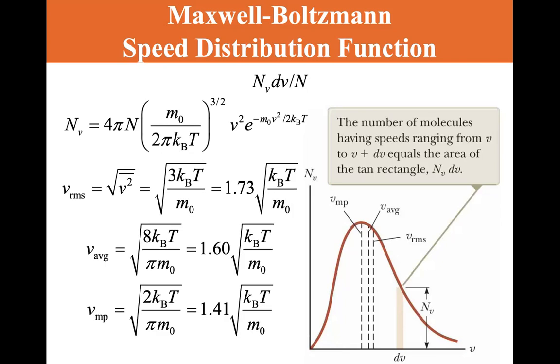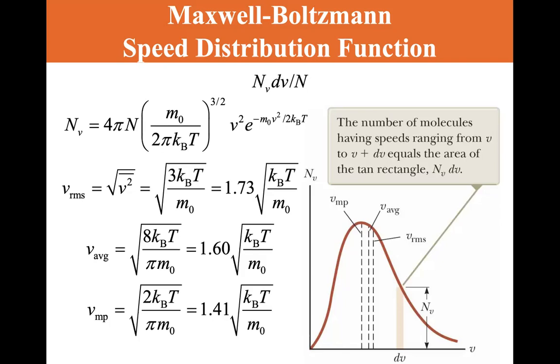Now the V average is equal to the square root of 8 k_B T divided by pi m_0, which is 1.6 square root of k_B T over m_0. Now the most probable velocity is equal to the square root of 2 k_B T divided by m_0, which is 1.41 square root of k_B T over m_0.